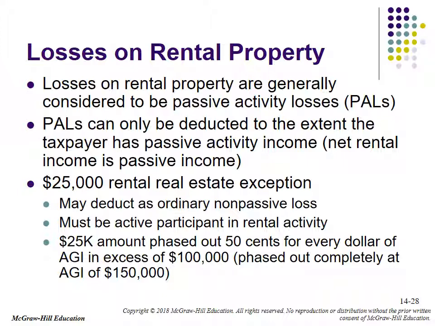However, once your AGI, and this is for any filing status, is in excess of $100,000, they start phasing out that $25,000 maximum loss. And it's phased out 50 cents for every dollar AGI is above $100,000.